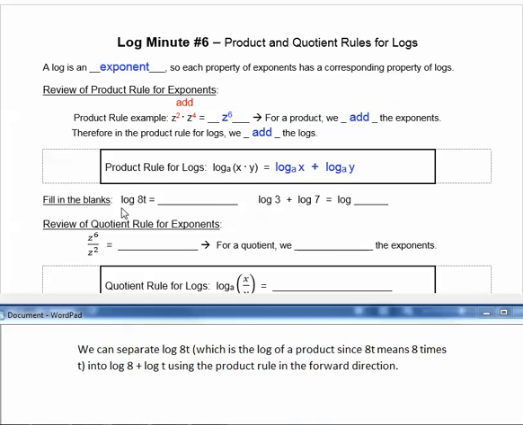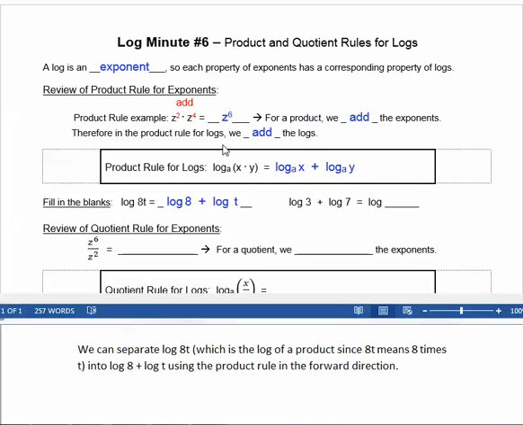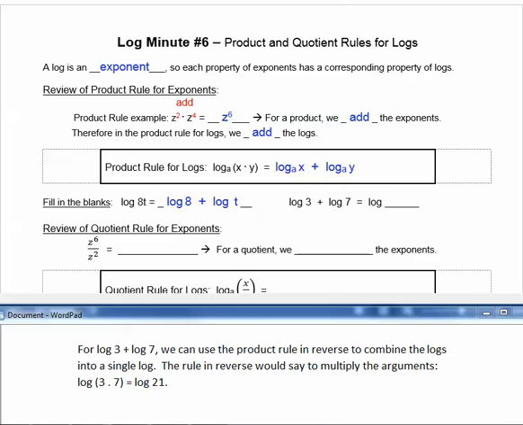We can separate log of 8t, which is the log of a product, since 8t means 8 times t, into log of 8 plus log of t, using the product rule in the forward direction, splitting into two logs.